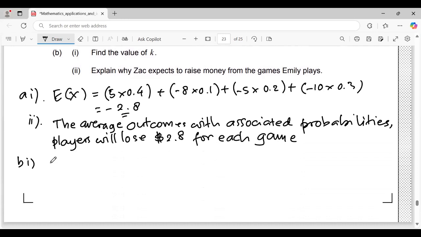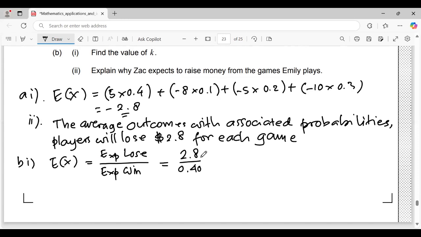So the value of k will be the expectation for loss over the expectation for win.